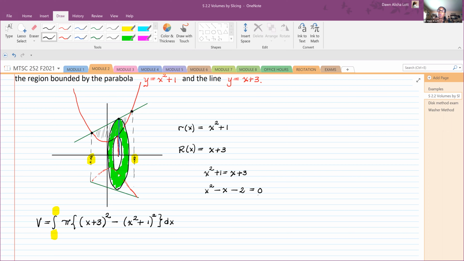So now I have a quadratic equation. I can either factor it or use the quadratic formula. Did anybody factor it? I factored and I got 2 and -1. Okay, so you got x minus 2 times x plus 1 is equal to 0. So my roots are x equals 2 and -1, and that is what goes over here.